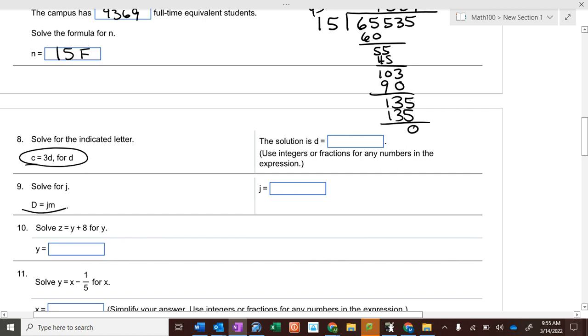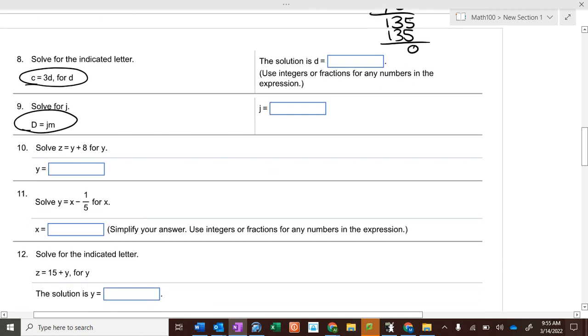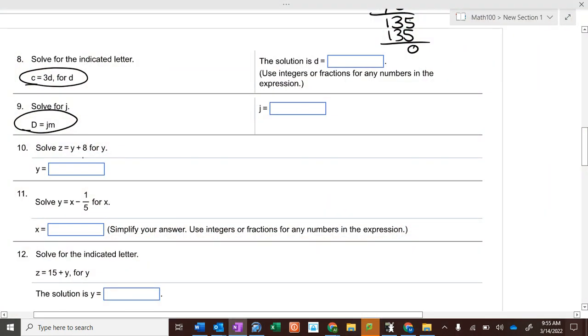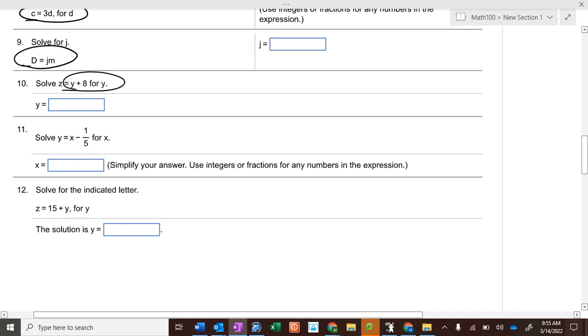Divide by 3. How would we solve this one for M? Divide by M. How would we solve this one for Y? Subtract 8. How would we solve this one for X? Add 1/5. How would we solve this one for Y? Subtract 15.